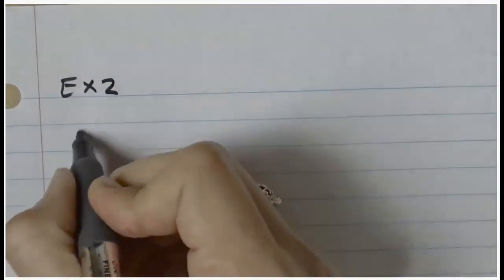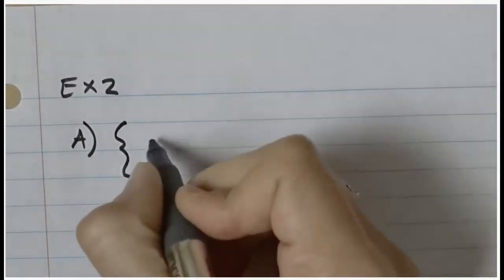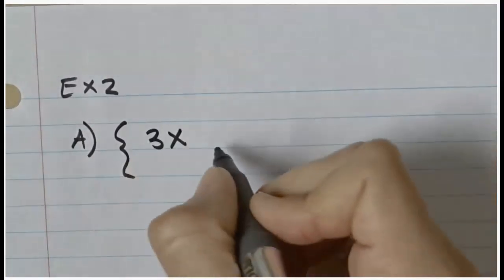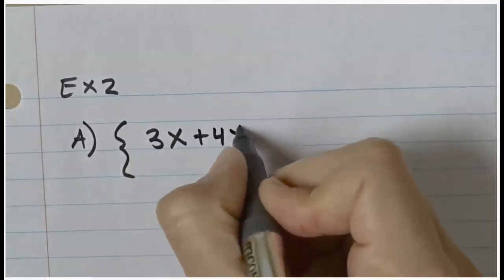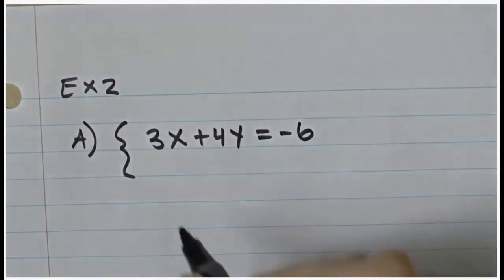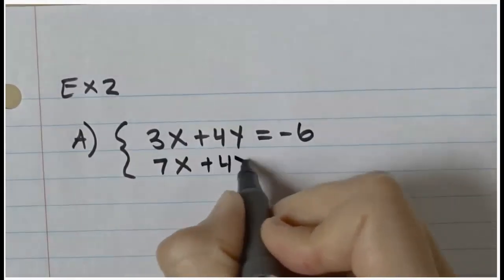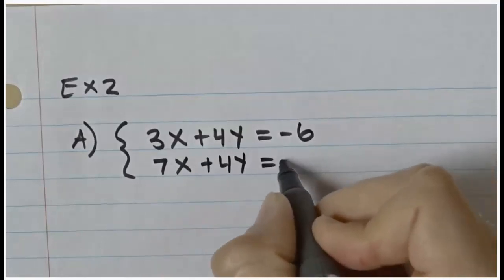All right, so let's look at example 2. What happens when you don't get that initial 0 in the elimination process? And what do you do to fix that problem? So example 2a, we'll do 2 examples. 3x plus 4y equals negative 6, and 7x plus 4y equals negative 14.